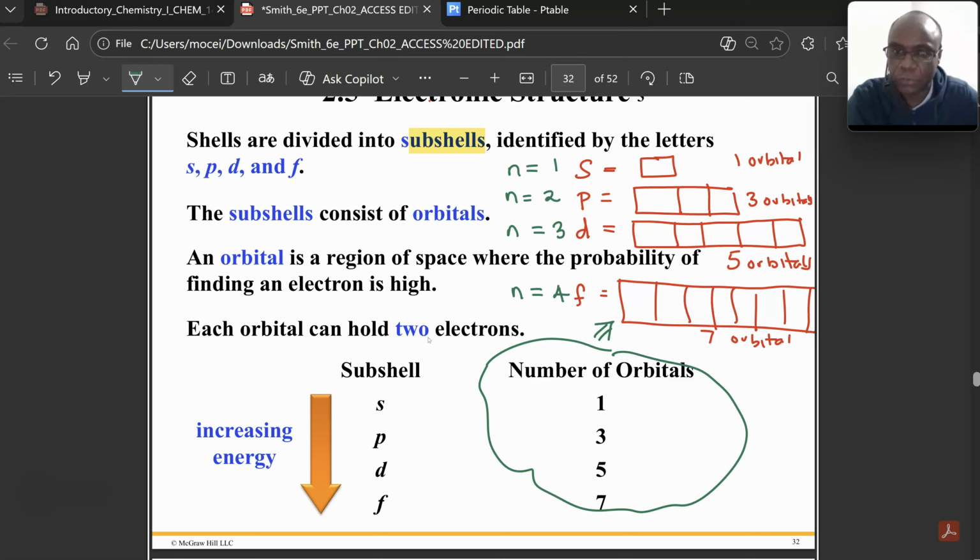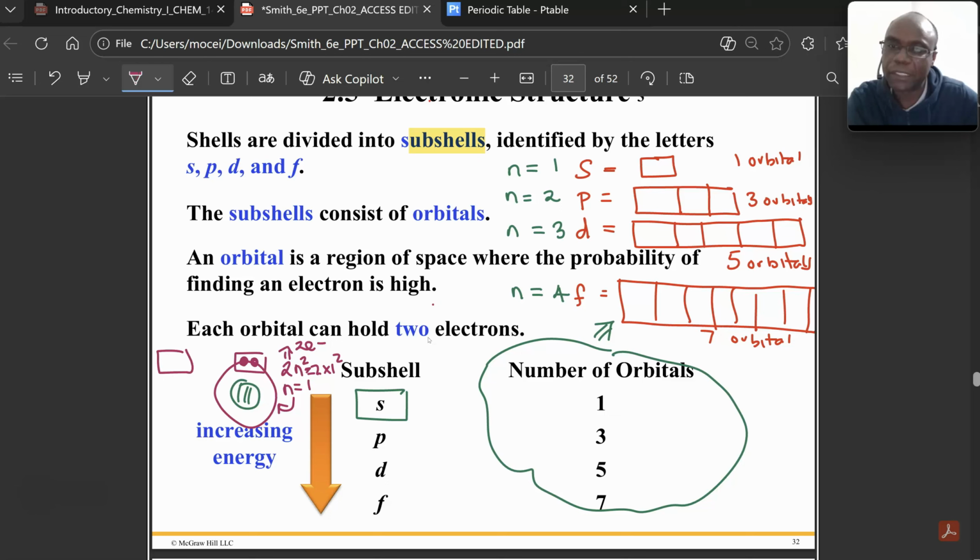So this is exactly what I've drawn here as boxes. Who is the closest shell to the nucleus? The S orbital, because if this is the nucleus, we say that the first shell, n equals 1, will carry a maximum of 2 electrons, and those 2 electrons will be in the S orbital.